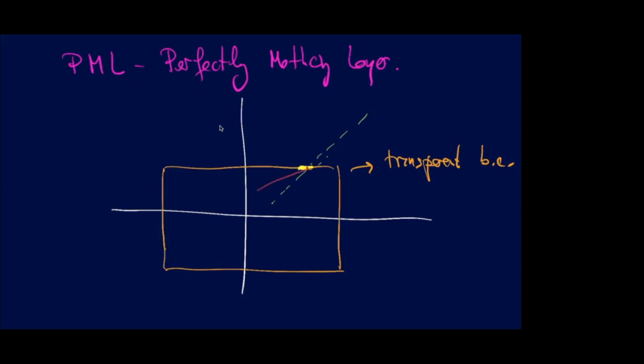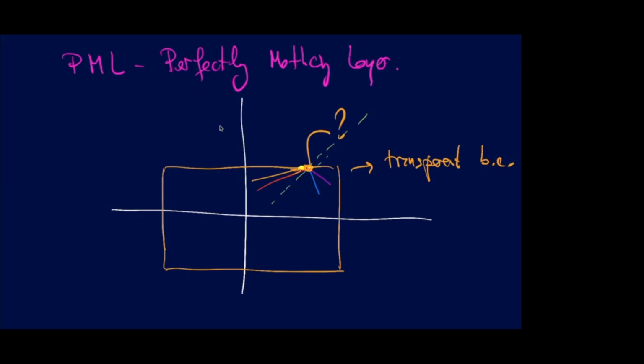There could be the purple one coming from this side. There could be the blue one coming from the right with a different angle. There could be the orange one coming here, almost tangent from the left. There are so many rays that I will never be able to find one single boundary condition which is transparent for all the incoming rays.